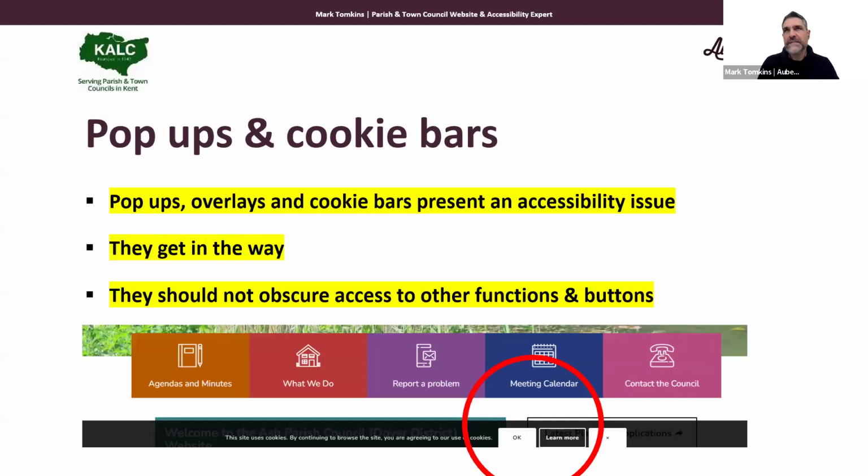What it means is that you must make sure that your website's buttons and things that can be pressed and clicked can't obscure other buttons and things that can be pressed over the top. One of those classic ones are cookie bars. As you can see on the example that I've put on the screen, the cookie bar appears over other buttons. Well, you can't do that. You've got to make sure that your cookie bar does not obscure anything else.